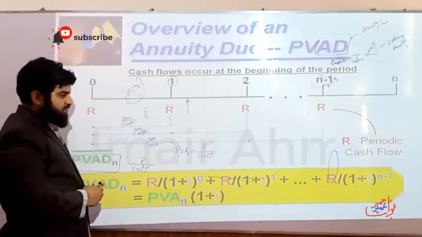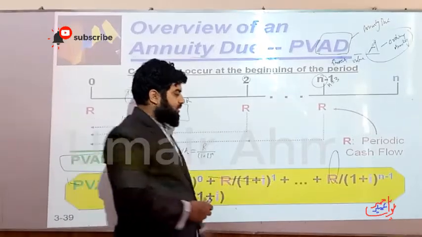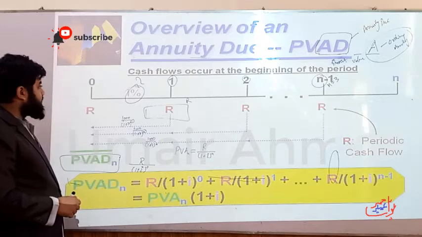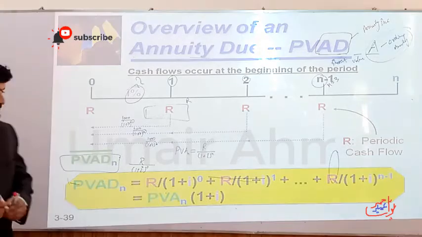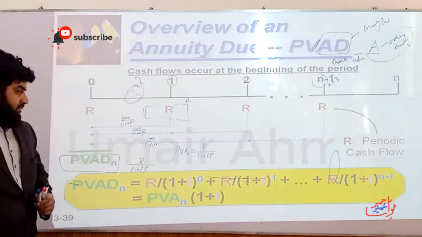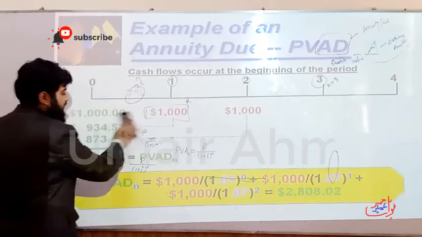So the difference between this is, first of all we have to take 0, then 1, then n minus 1. Now we have this calculation.